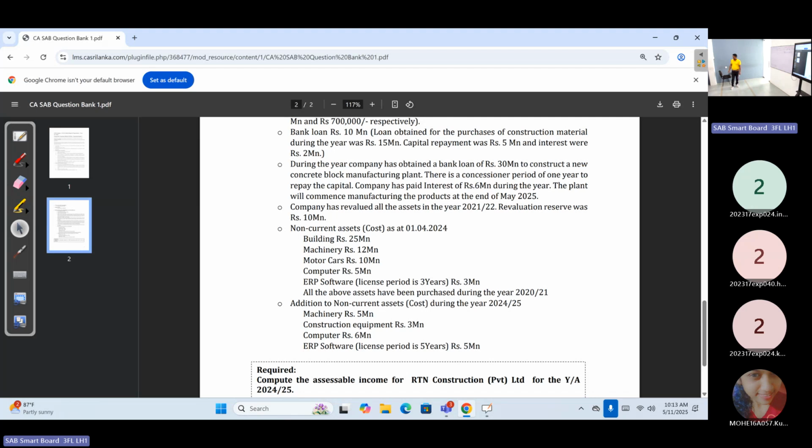Now the 16 years claim can be made. Whether we have remaining years to claim. Right? So then over here the claim can be divided by 25.